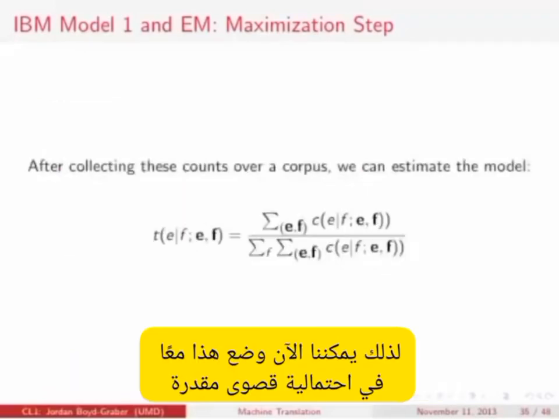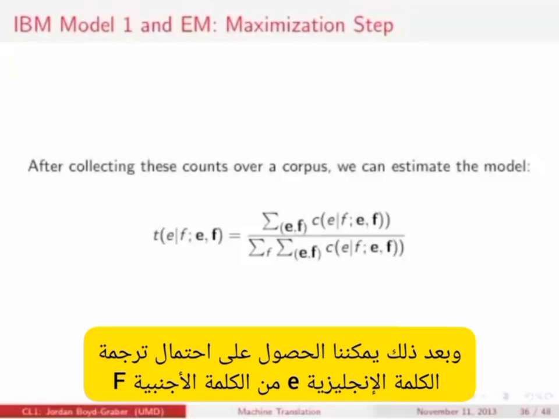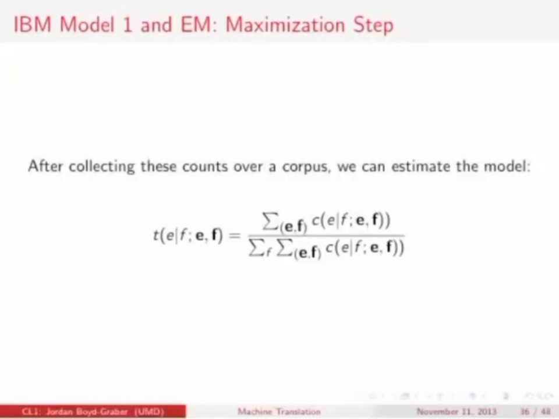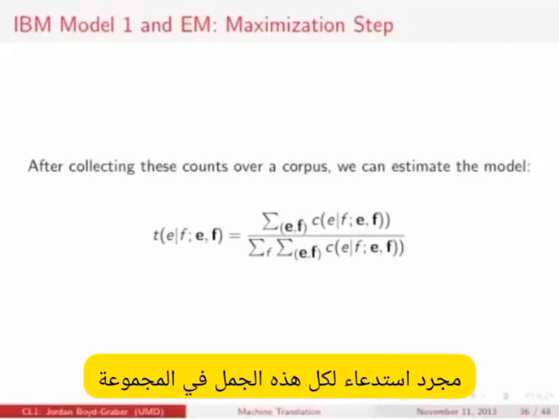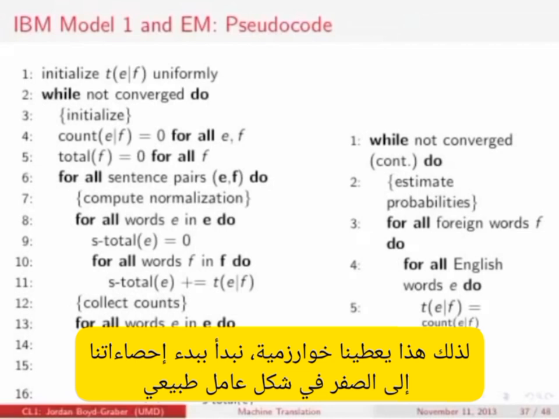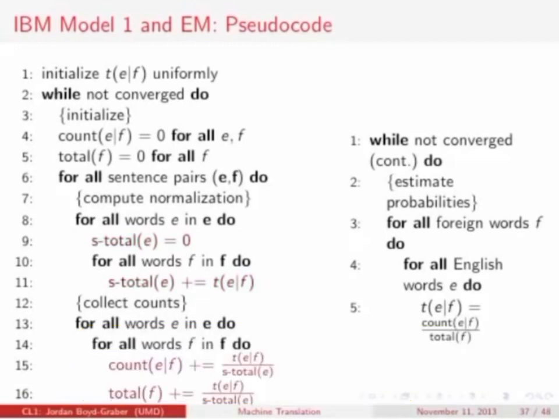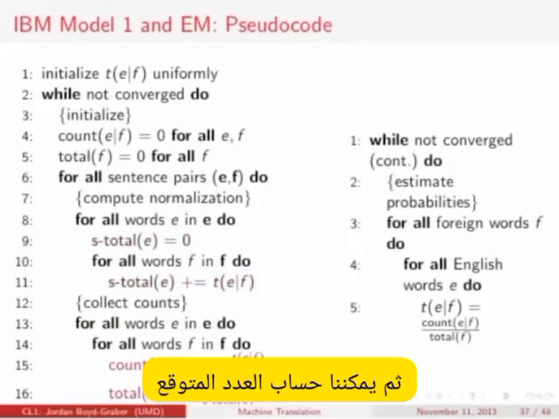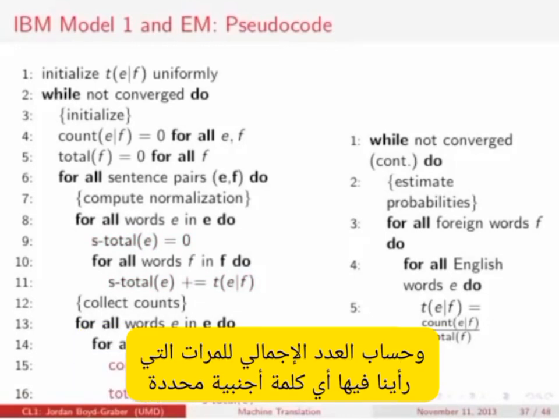So now we can put this together into a maximum likelihood probability estimate, and we can get the probability of translating English word e from foreign word f, just summing over all of the sentences in the corpus. So this gives us an algorithm. We begin by initializing our counts to 0, form a normalizer, then compute the expected counts, and also compute the total number of times that we saw any particular foreign word.